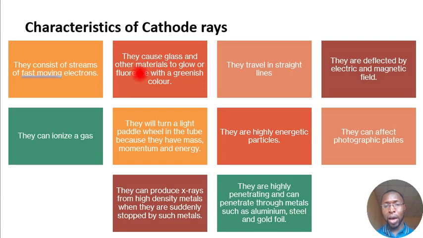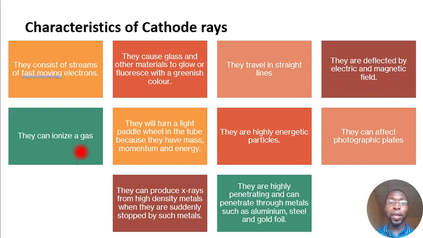Secondly, they cause glass and other materials to glow, because they are fast moving electrons and they have charges. They travel in a straight line, showing that they are light, but this light in this case has charge. They are deflected by electric and magnetic fields. This shows that they have charge. In this case, they are negatively charged.